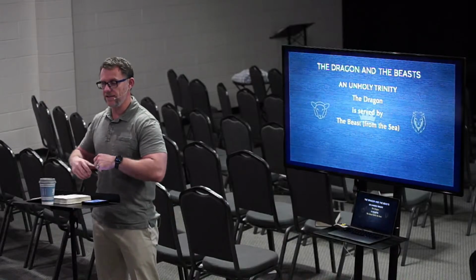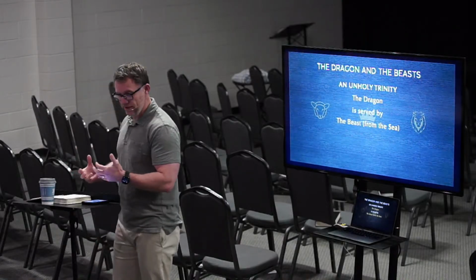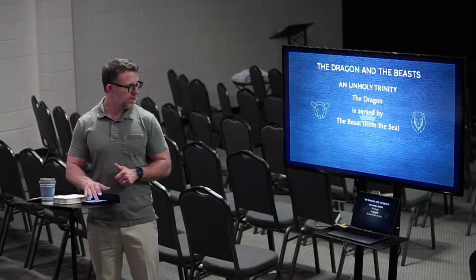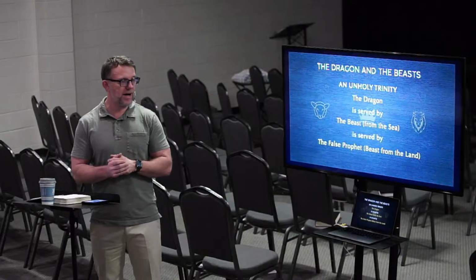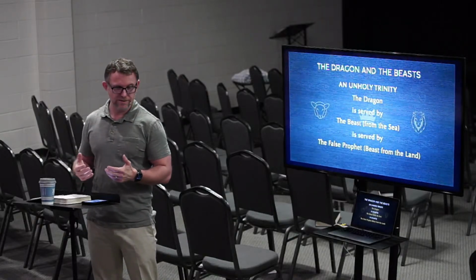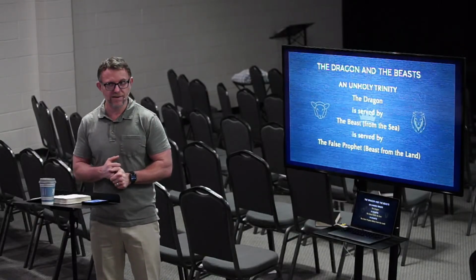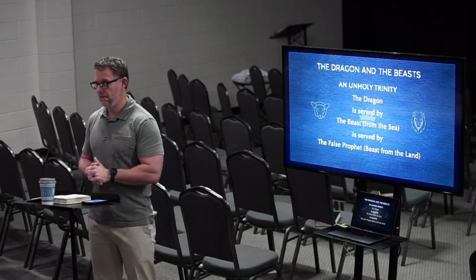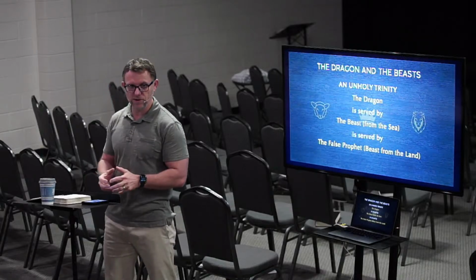So the beast from the sea is, in a sense, Satan's representative in the world, doing his bidding, doing his work. But then in turn, the beast from the sea is served by, or represented by, the beast from the land, who is later in Revelation referred to as the false prophet. So those are the same, the beast from the land, the false prophet.